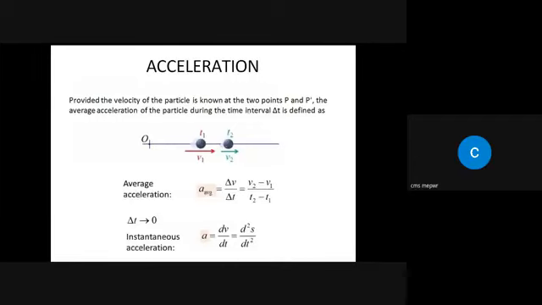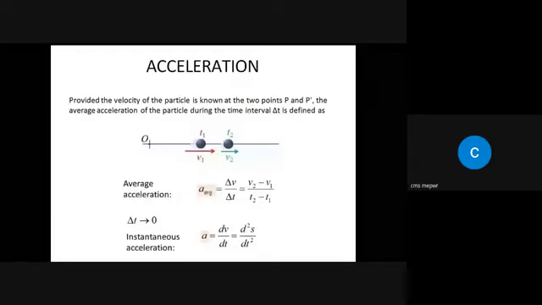If we know the velocity at this point and at this point, you can see with the arrows that the magnitude of velocity here is different from the magnitude over here. Between point 1 and point 2 there is a change in velocity, and if you look at the arrows, it basically reduces. This change in velocity during this time change is known as acceleration.